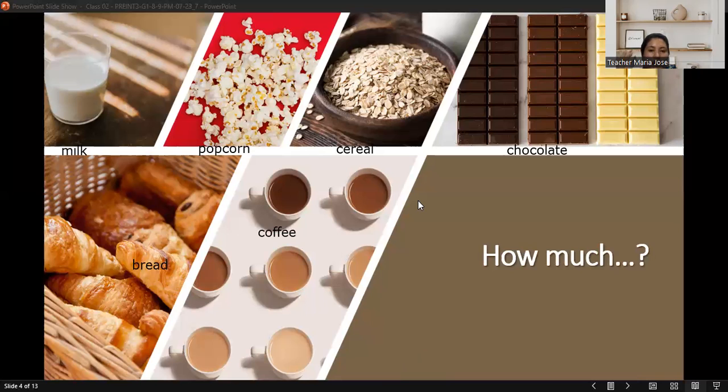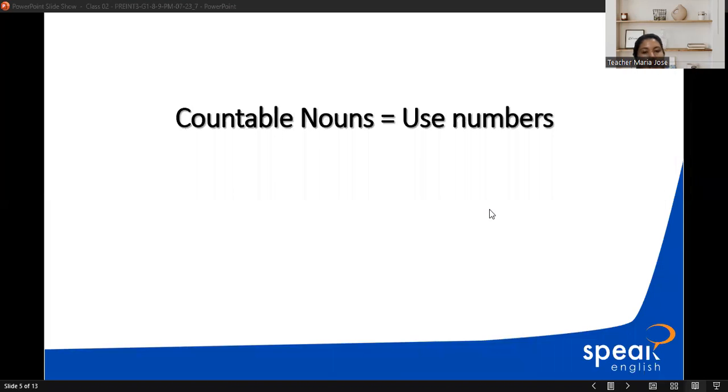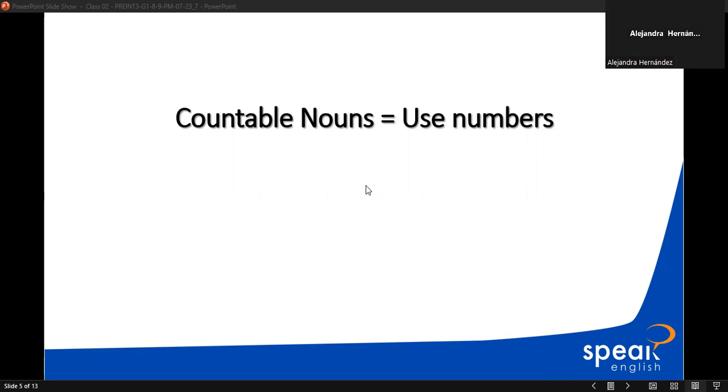So when we are talking about how much, okay, can you count it or not? No, teacher. No, right? Okay, so let's continue. How do we use the countable nouns, Alejandra? Things or nouns use numbers.